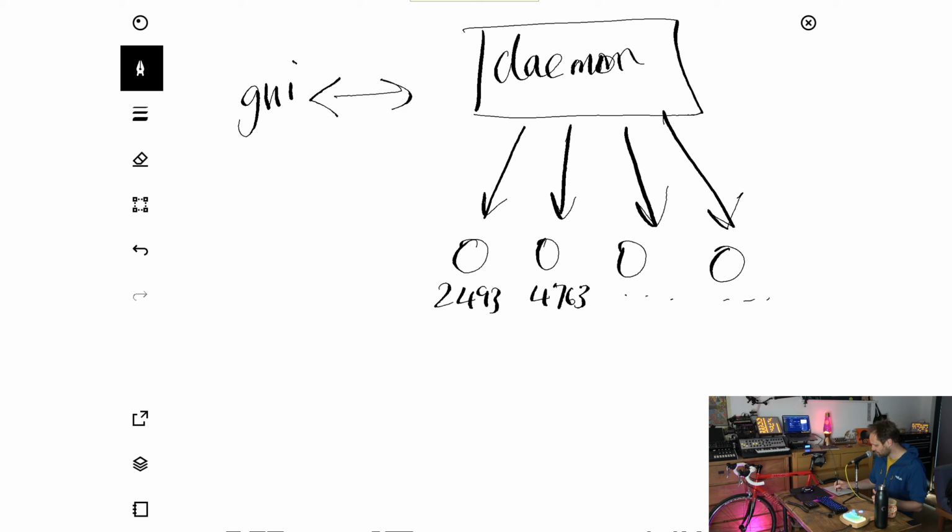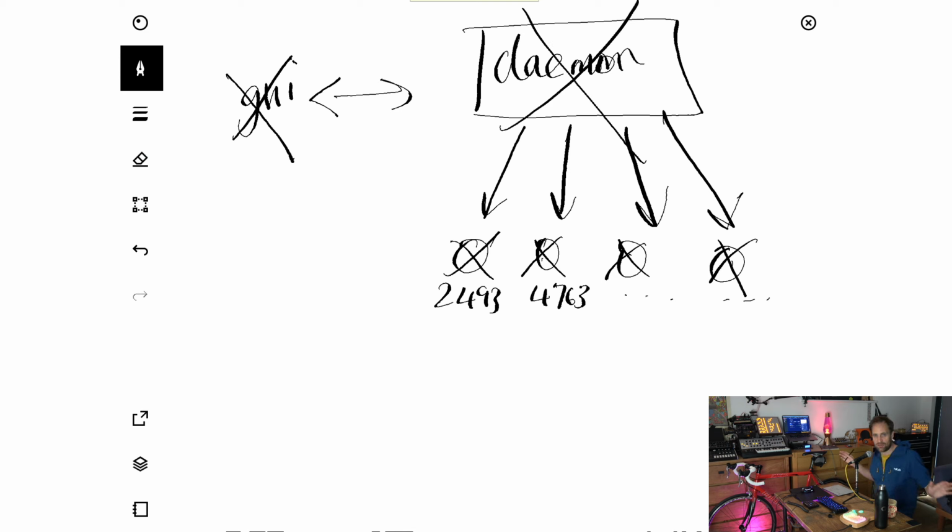In particular, it's going to monitor the GUI, because the GUI is really the main entry point. If the GUI crashes, the daemon needs to know that's happened, and then it can go off and kill any of these processes that are still running. So you kill this one, this one, this one, this one, kill itself, and everything's tidied up and cleaned. If that makes any sense.